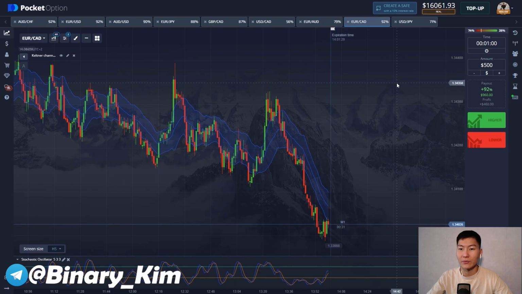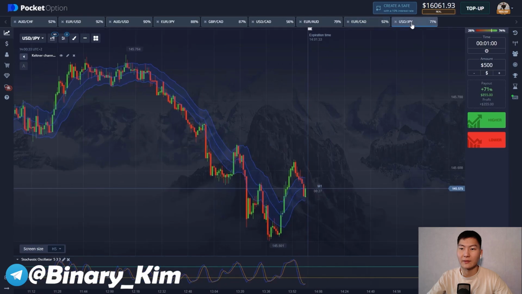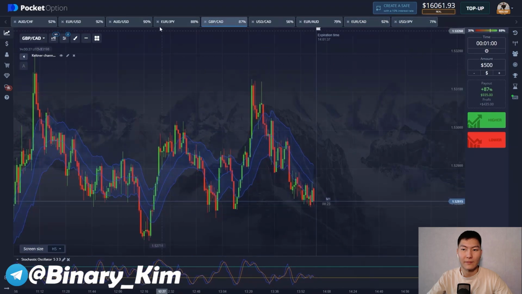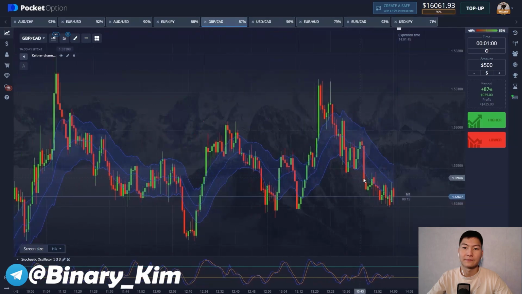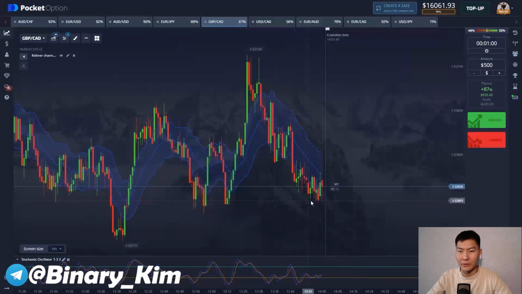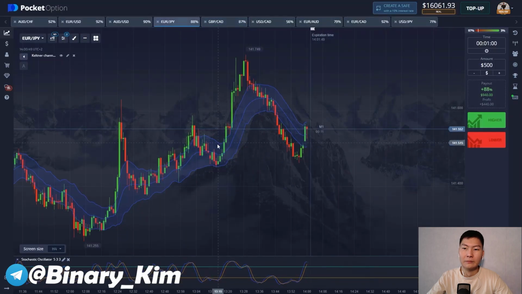And let's continue analyzing and have a look at this. We see the touch of the support zone. The price kind of going sideways. I think we should slow down here.